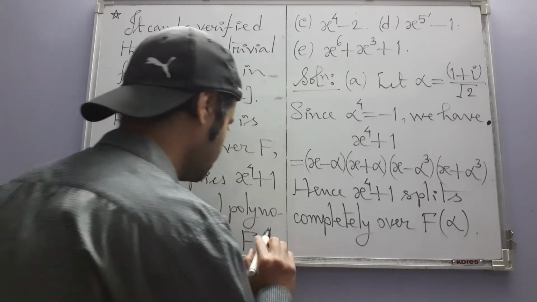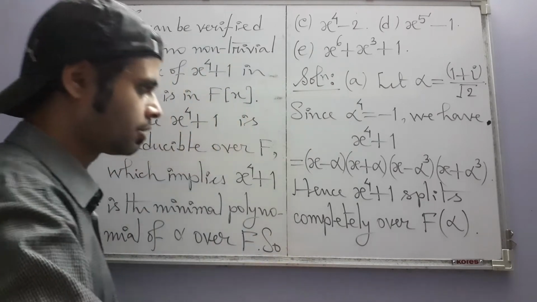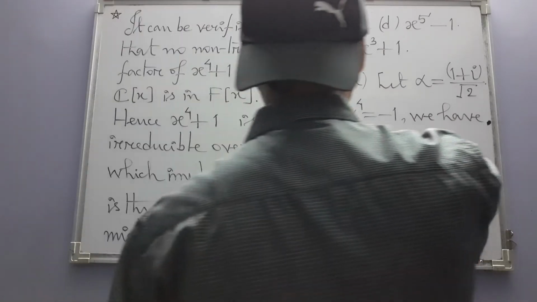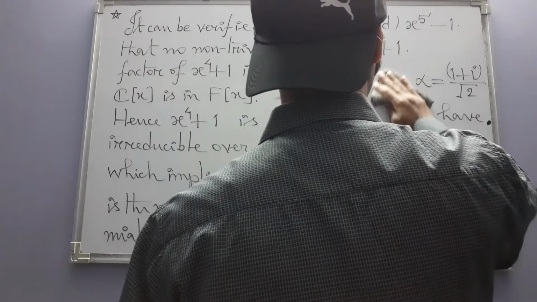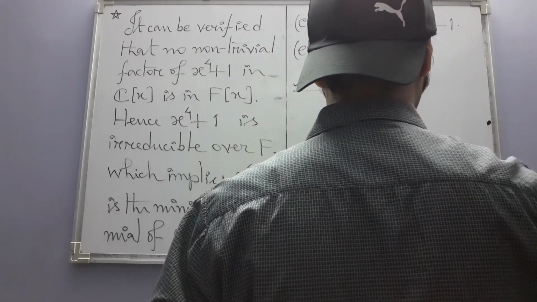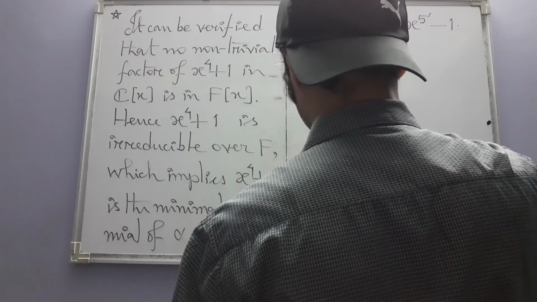So because this is the minimal polynomial of alpha, alpha now becomes what? Alpha becomes an algebraic number of degree 4.